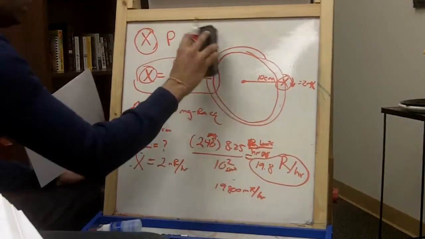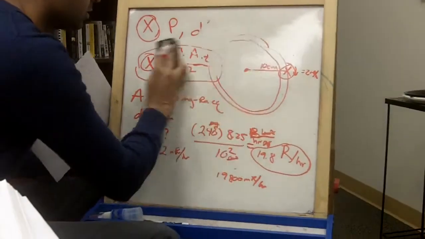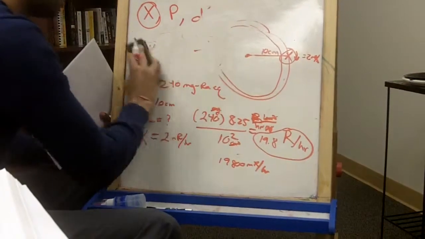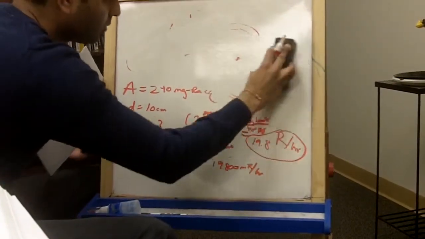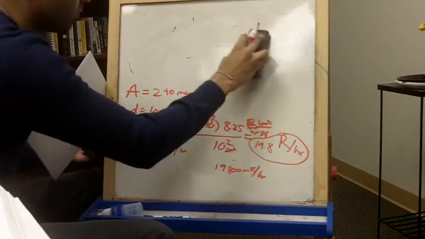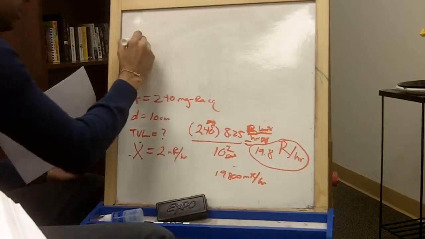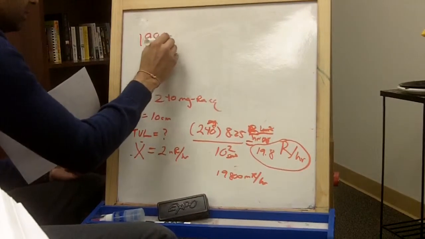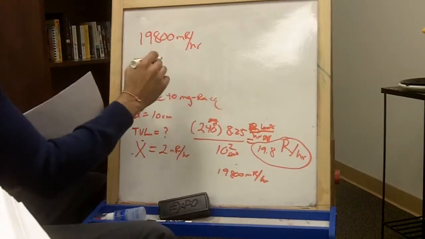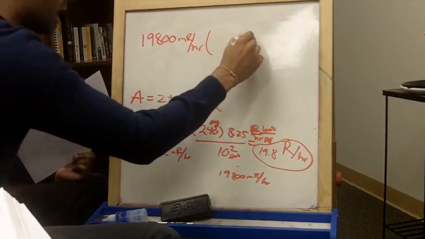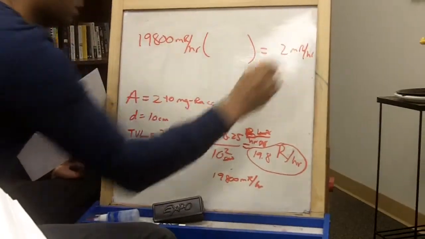I'm going to write it up here now. So we have 19,800 milliroentgens per hour. And now we want to get this down to 2 MR an hour.